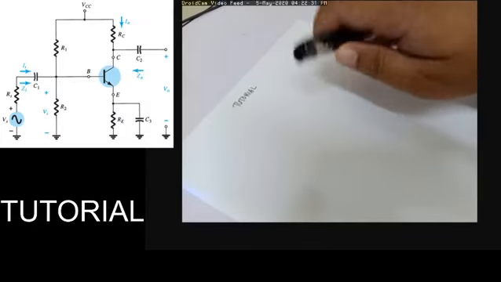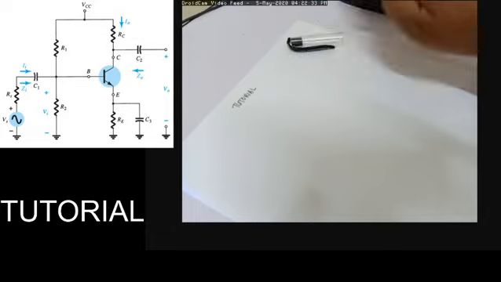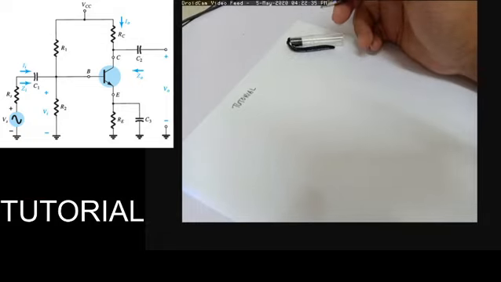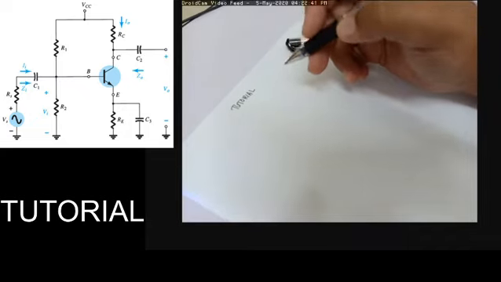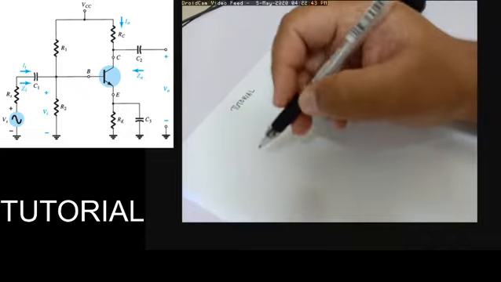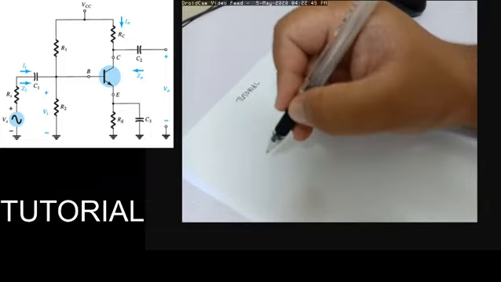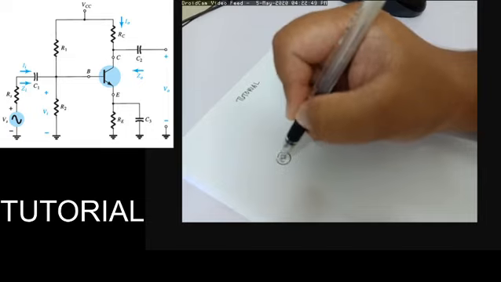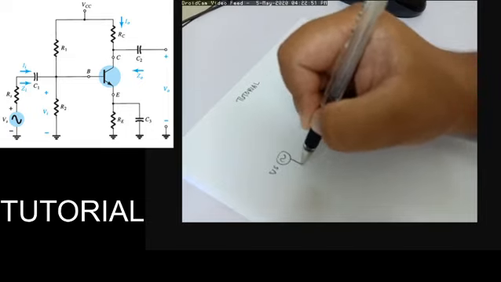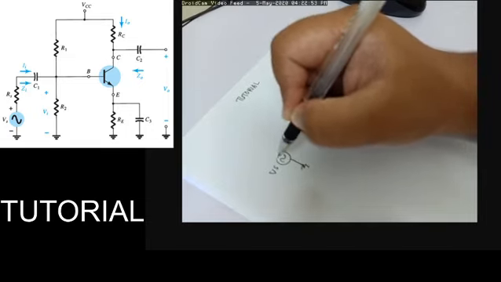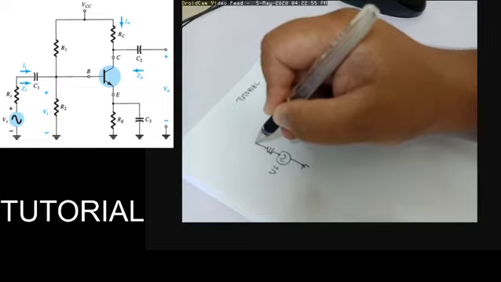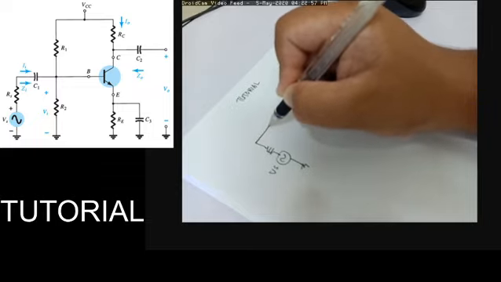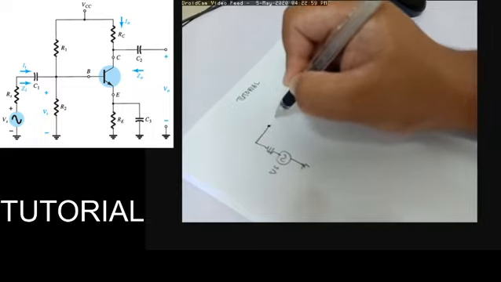So we have a BJT voltage divider, and firstly we have to draw and simplify the circuit. Right now we have here VS, and then we have RS, and then the capacitor.